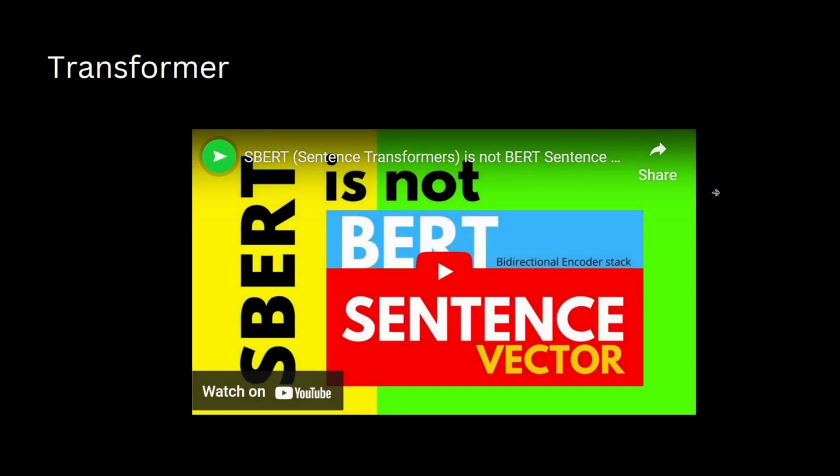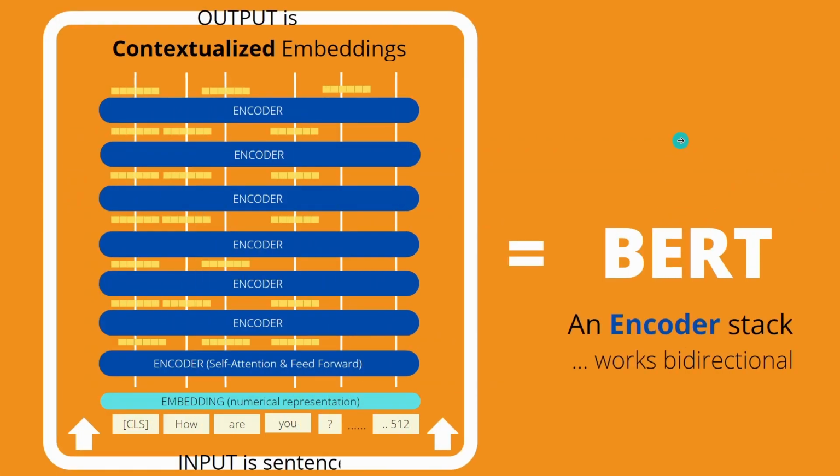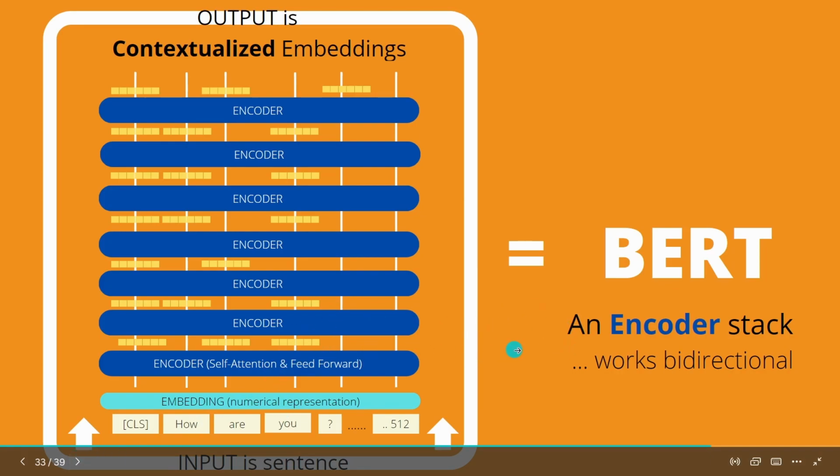Now, if you are so brave and you made it till here, I have some bonus material for you. If you want to understand transformer, I told you there's this video, have a look at this. But just to show you, this is an encoder stack that works bidirectional. This is it. There's nothing more to it. It's easy. Here at the bottom we have an input, a sentence.